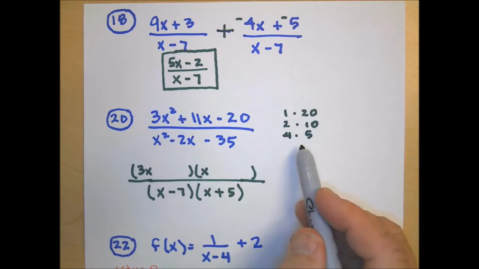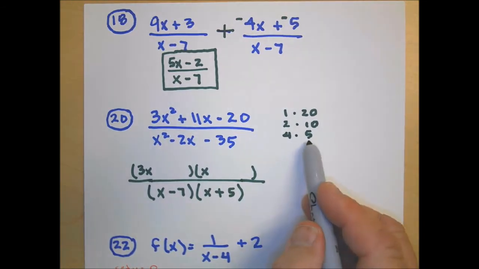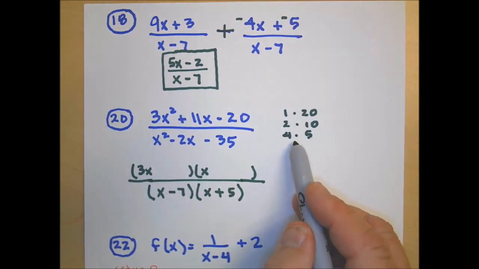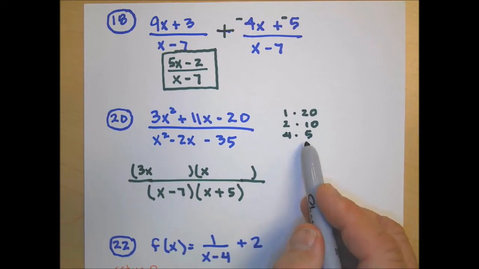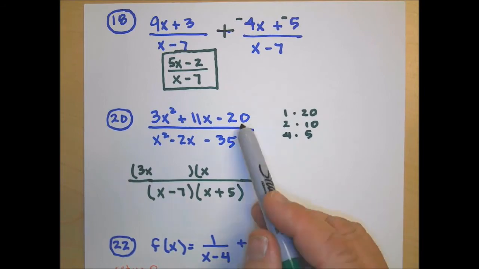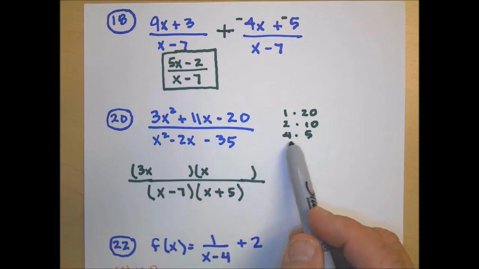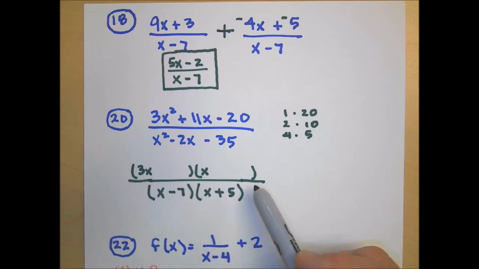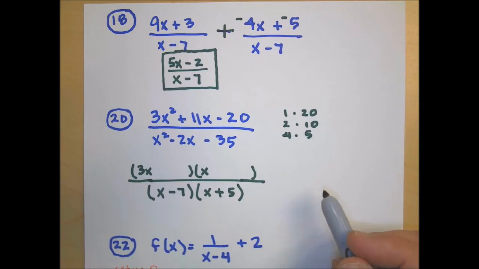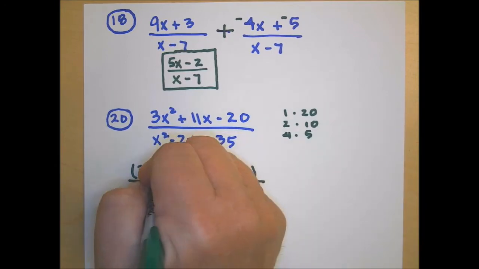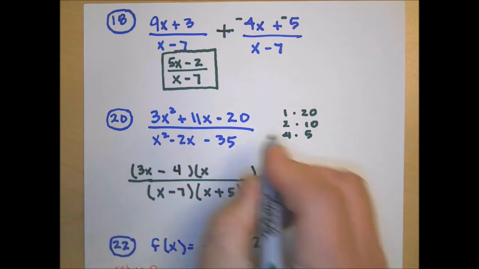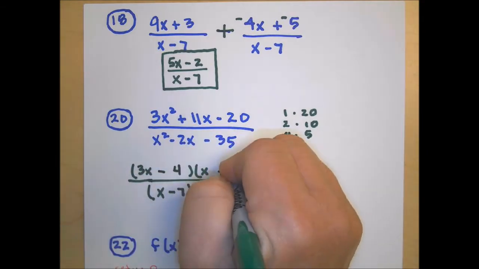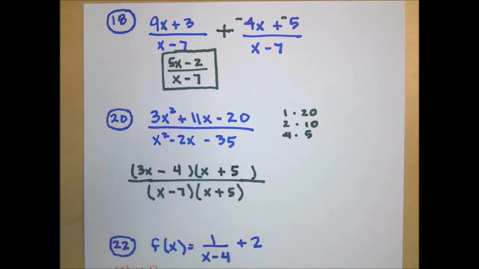So we're going to try the two closest to each other, which is always the first one to try. So we're going to try the 4 and the 5. Knowing that I have to get negative 20 means one of these has to be negative and one of them has to be positive. So it's called guess and check, so you kind of have to play around a little bit, and what you wind up finding out is in order for this to work, I need to put this as minus 4 and I need to put that as plus 5.